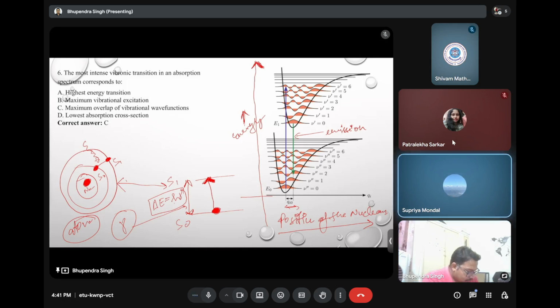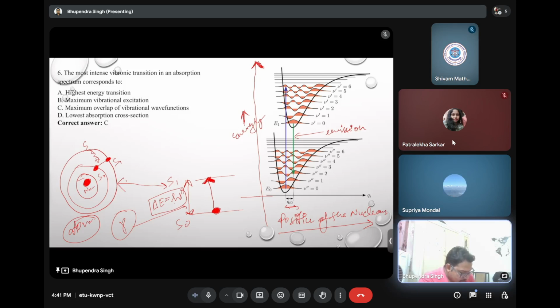Then tell me why this purple line starts from V double prime 0, from here, and goes here to V prime 6, the sixth vibronic state of the excited state.